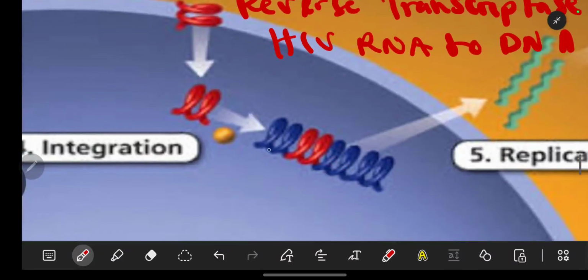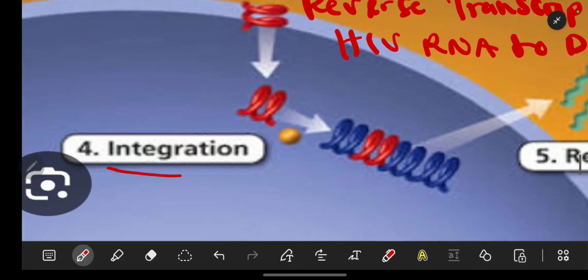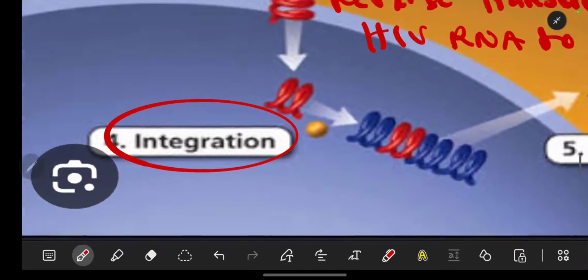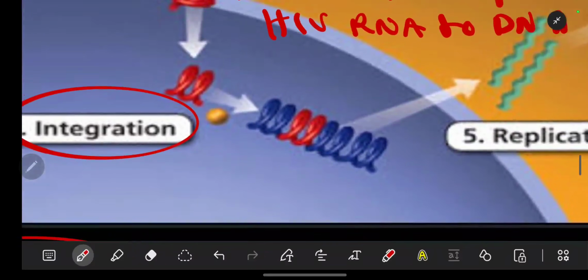So when it converts it to DNA, the next stage will be integration. Integration is where the DNA enters the nucleus. So this is the cell, and if we have the nucleus like that, the DNA will be able to enter the nucleus.